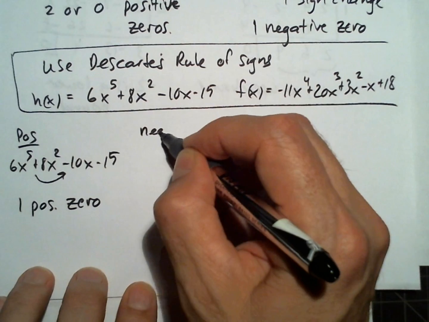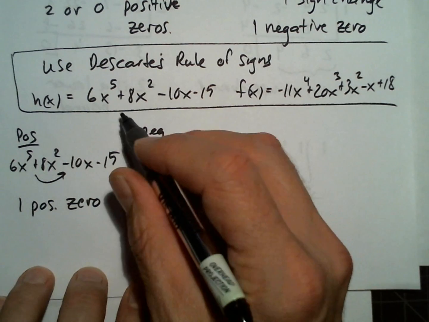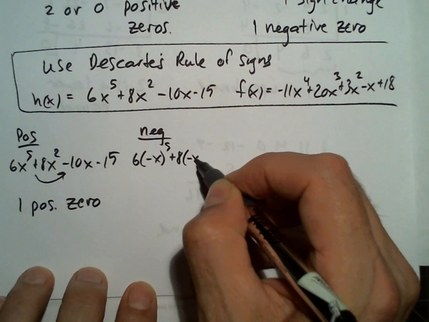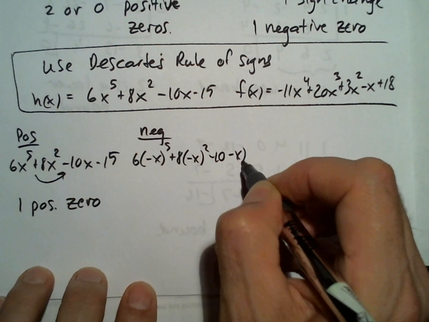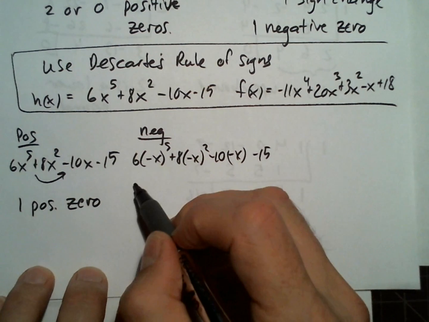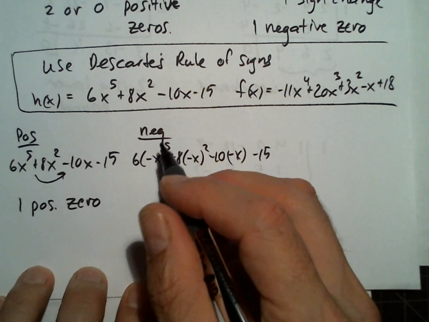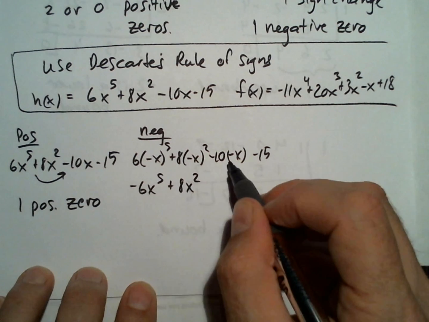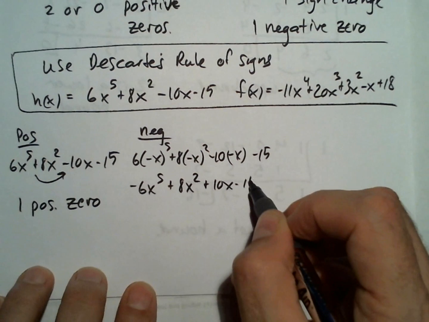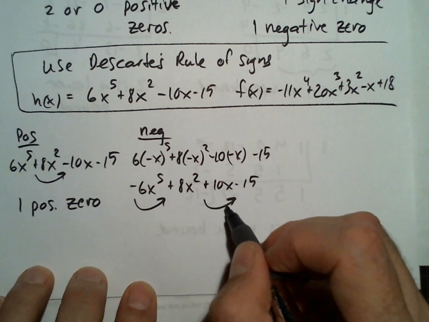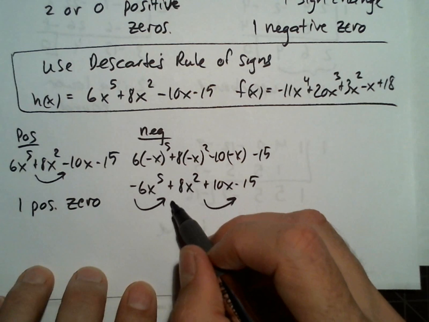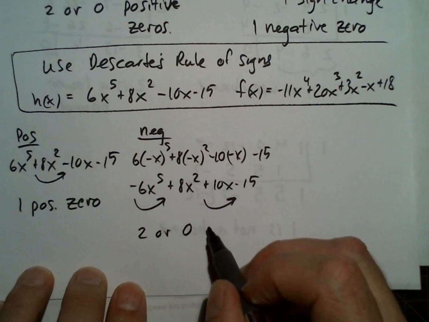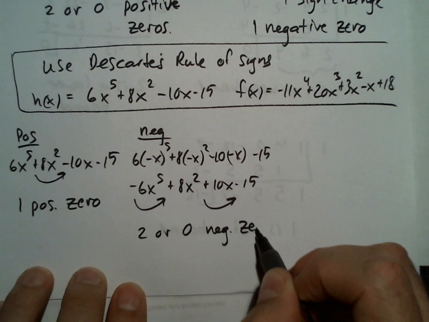And let's look for the negative zeros, and we'll put a negative x in there. Okay, negative 1 to the 5th is negative. Negative 1 squared, positive. Negative times negative. And we look for sign changes: negative to positive, a sign change there; positive to positive, no sign change. So we have 2 or 0 negative zeros.